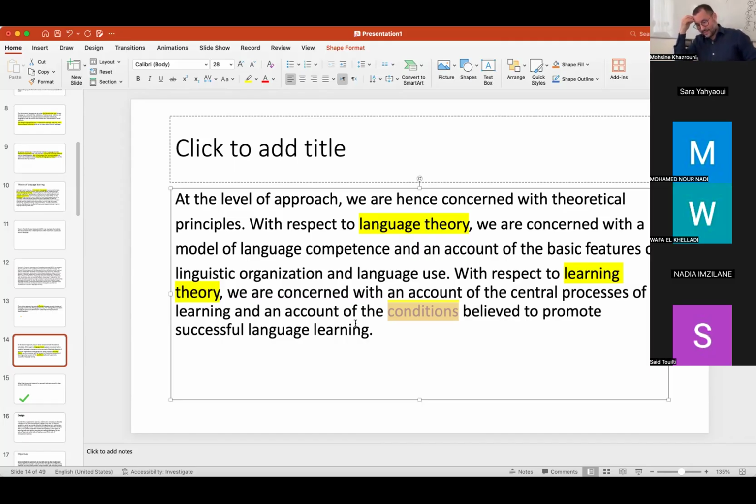Another condition can be offering constructive feedback and assessment. Good, very good. By providing error correction. Whenever a student makes a mistake or an error, then the teacher reinforces or encourages. So by doing this, I push my students to learn.